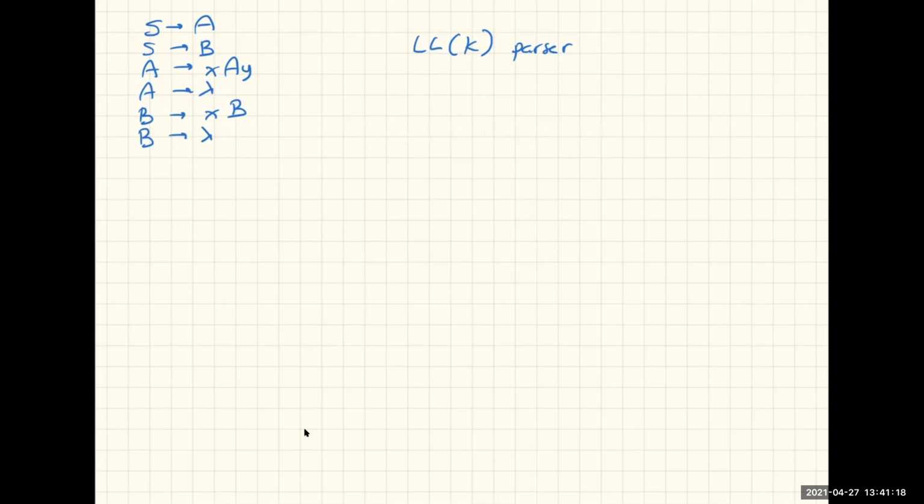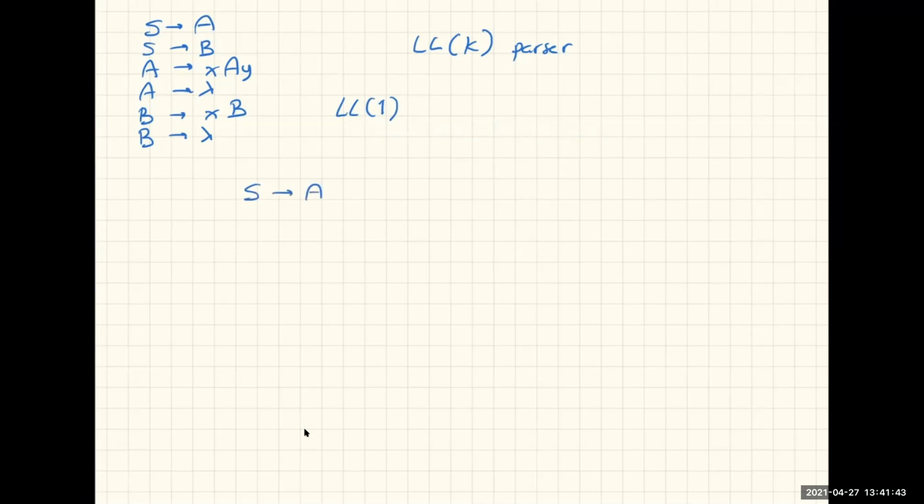Thank you. Okay, so for LLK, let's try with an LL1, which means trying to see if we can disambiguate between, in this case, A or B, which are the main rules that we need to start from the beginning.